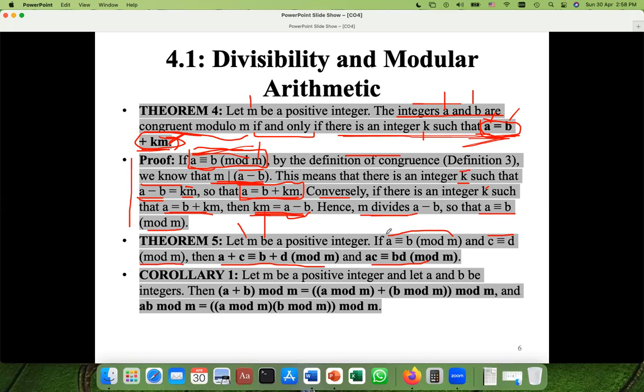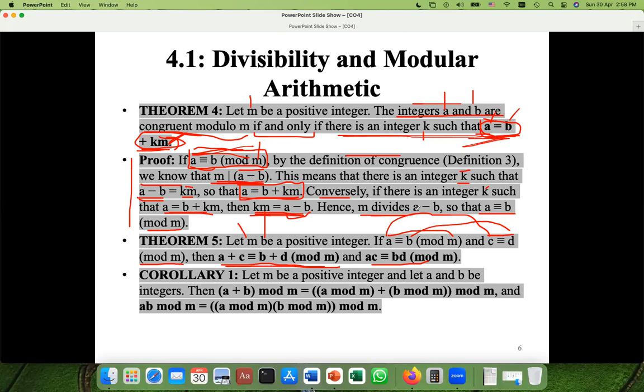And what you are doing, a plus c congruent to b plus d mod m, and a multiplied by c congruent to b multiplied by d mod m.